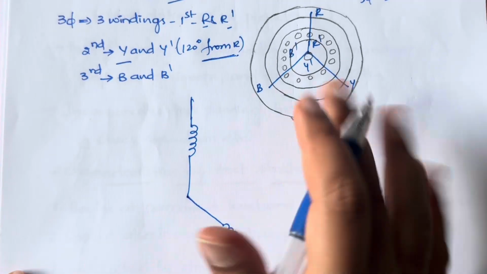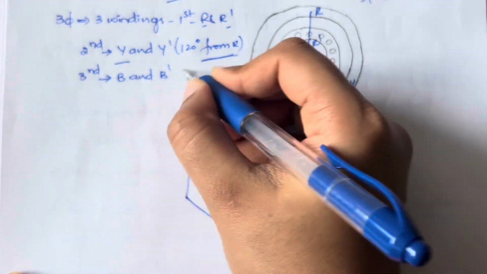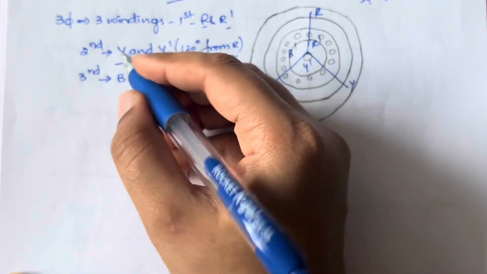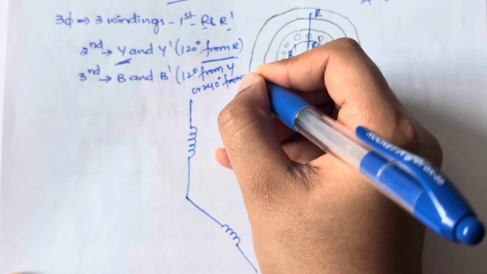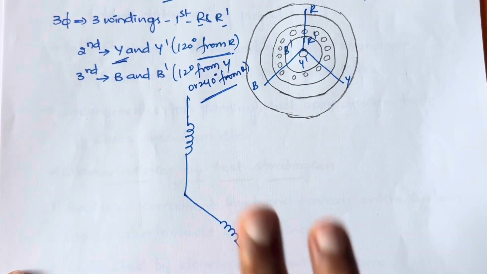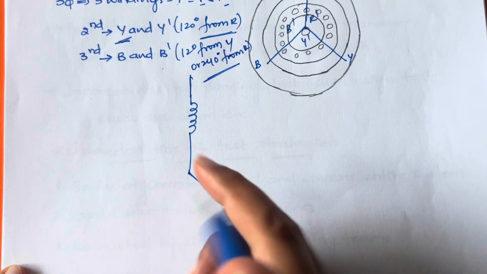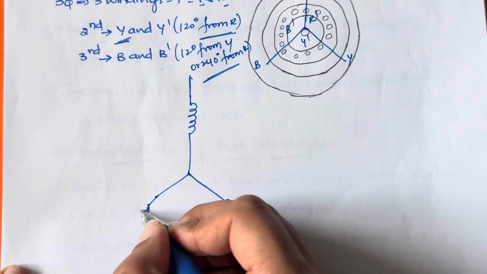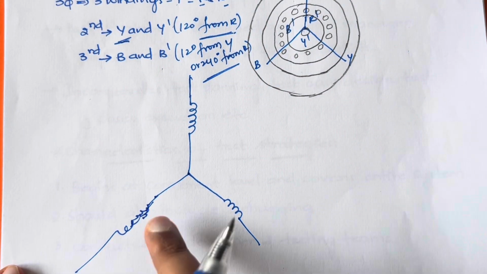And then you should connect B and B dash in such a way that it is 120 degrees from Y, or you can also say 240 degrees from R. That means 120 degrees from Y means where? Here, right? Okay, this is our B and B dash.